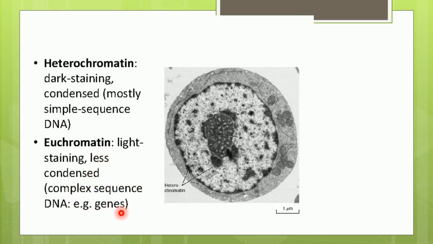So the genes are present in the form of euchromatin, and if you stain the euchromatin, it will be lightly stained. So based on the staining properties, you can distinguish between heterochromatin and euchromatin: heterochromatin is darkly stained whereas euchromatin is lightly stained. Heterochromatin is the highly condensed region of the DNA, whereas euchromatin is the less or non-condensed region of the DNA.